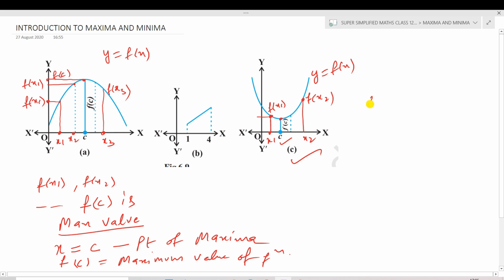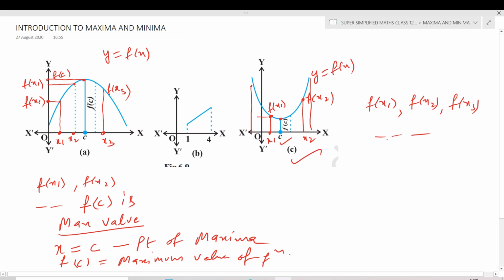Now take any other value at any other point in some interval. So let us consider this interval, we are considering this interval only.